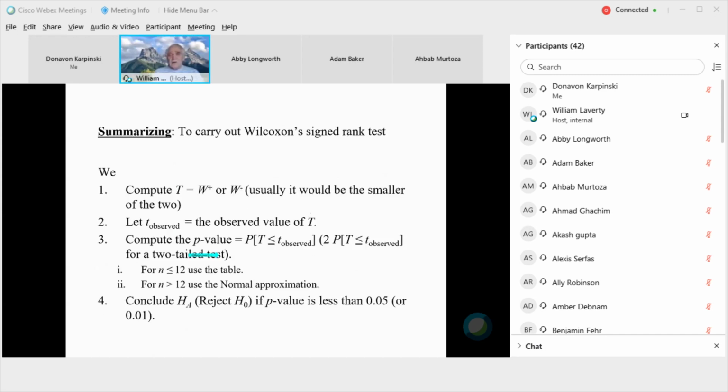So to carry out Wilcoxon Signed rank test, you compute both W plus and W negative. That would be done by subtracting the hypothesized mean from each observation. Then those differences are ranked according to absolute value, and T is either W plus or W negative. Usually you pick the smaller of the two. Compute the p-value, probability of getting a value that small or smaller.